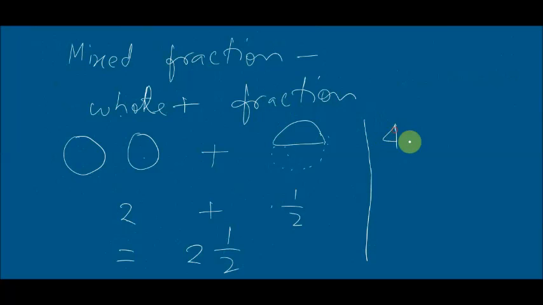If it is written 4 plus 3 by 4, just remove the plus sign and you can write 4 3 by 4. It's very simple. So this is a mixed fraction because there is a whole part, that is 2, and a fractional part, this is 1 upon 2. I think you are understanding the concept of the mixed fraction.